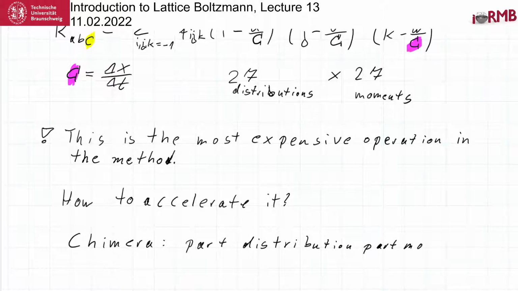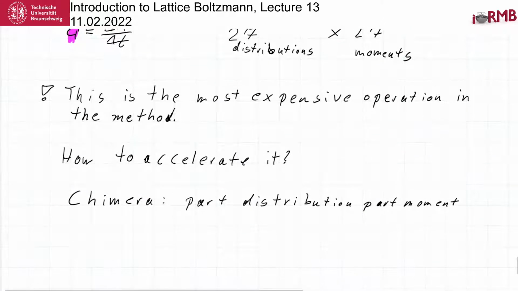So we do the moment transformation not in each direction at the same time, but only in a particular direction. We have the indices i, j, k usually for the distribution, and the indices a, b, c for the moments.